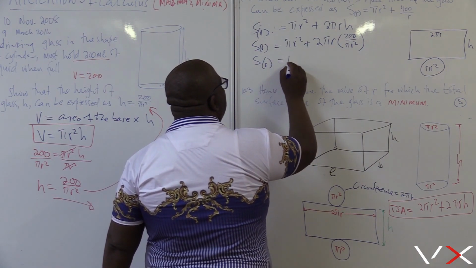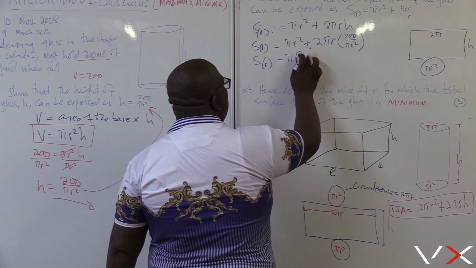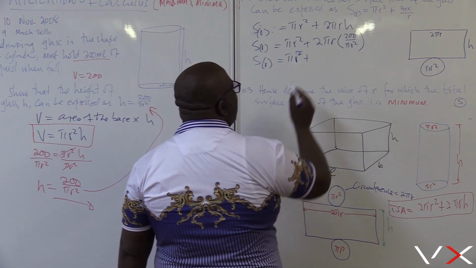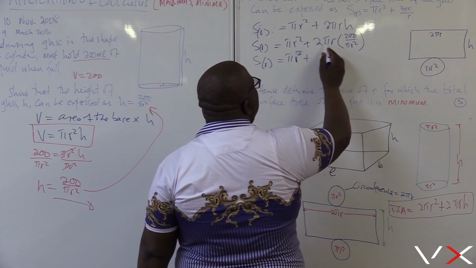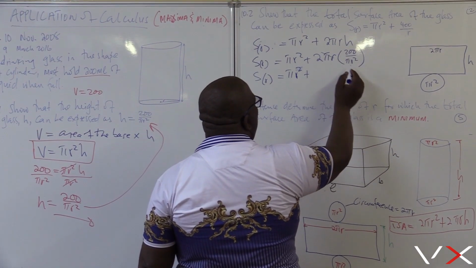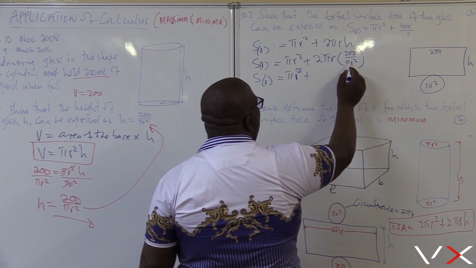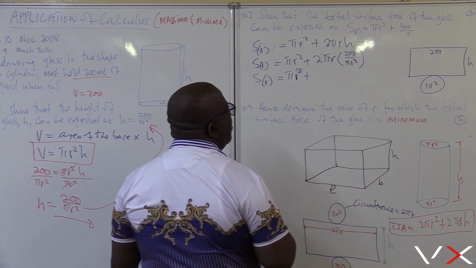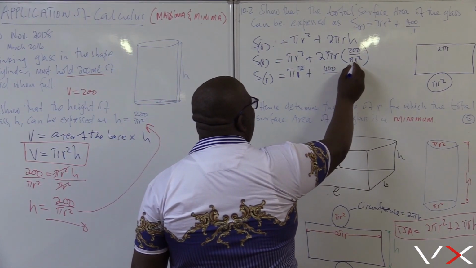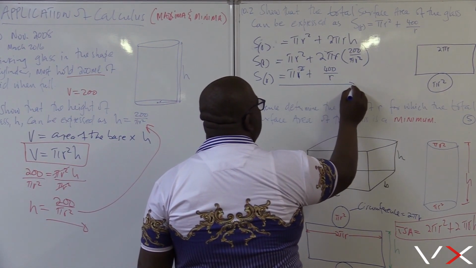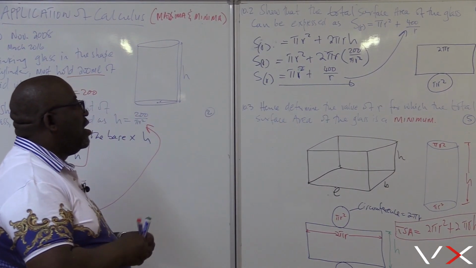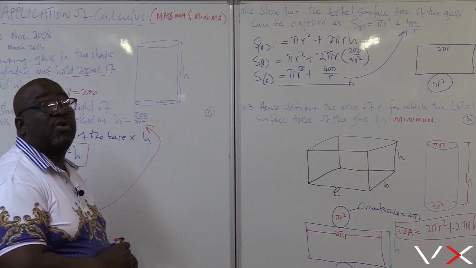Surface area will then be equal to pi r squared plus, let's work it out, this times that. The pi r will go with pi r. I'll be left with 1 r there. What is 2 times 200? It is 400. Remember, I am left with 1 r on this side. This is exactly what this wanted us to find. So it is true that the surface area is pi r squared plus 400 over r.